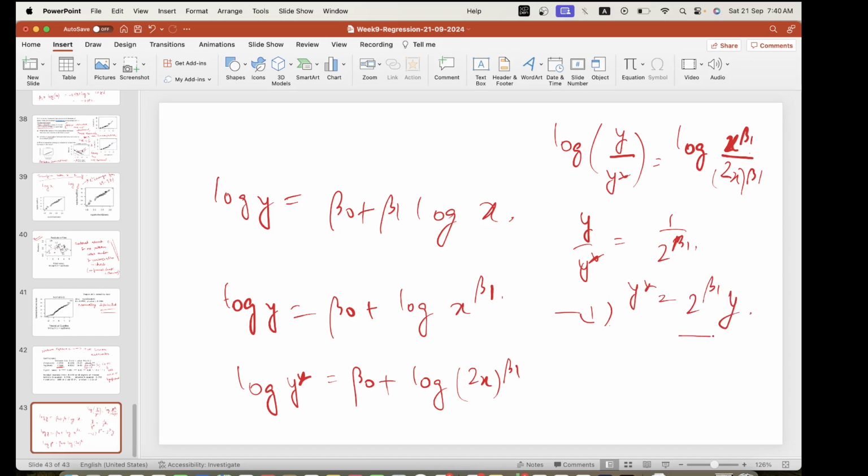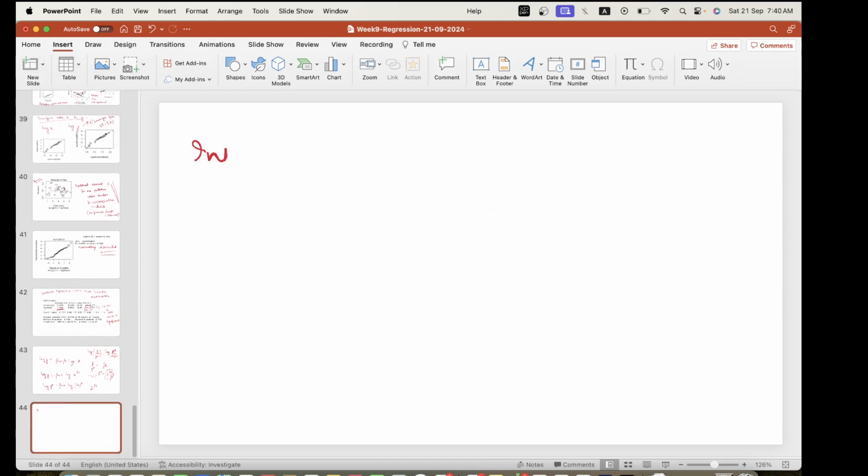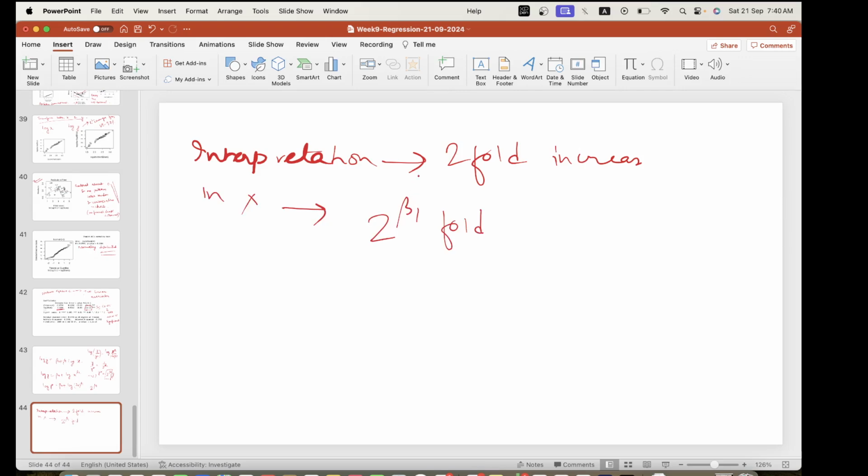So how much will y increase? It will increase by 2 to the power beta 1 fold. So then the interpretation will be that a 2-fold increase in x leads to a 2 to the power beta 1 fold increase in y.